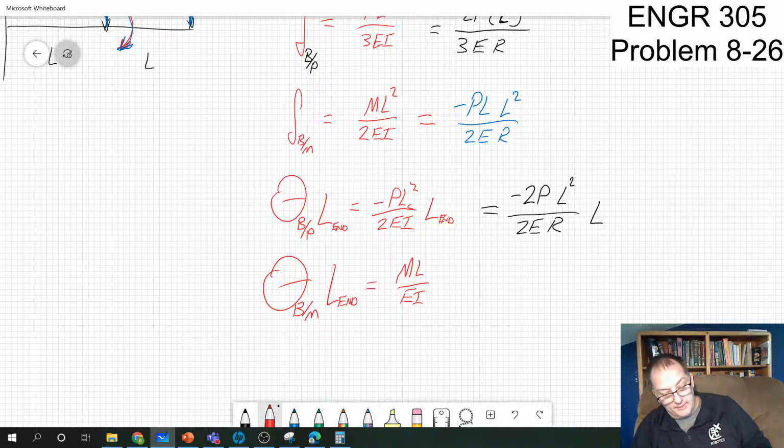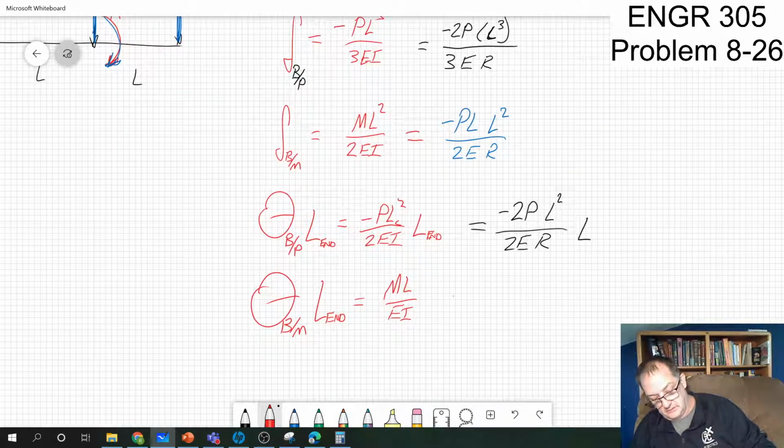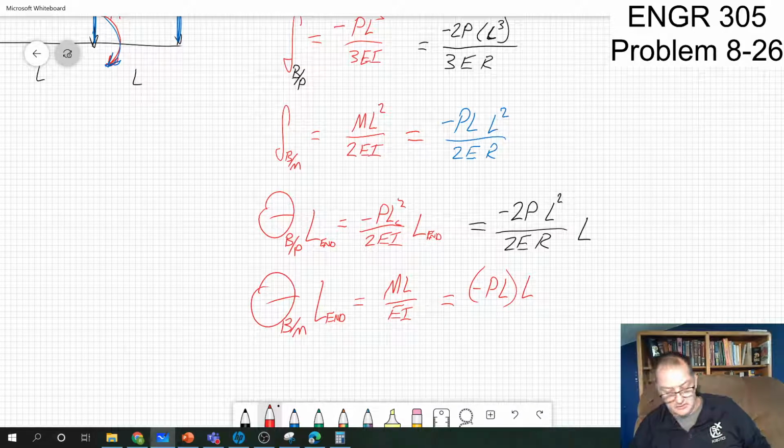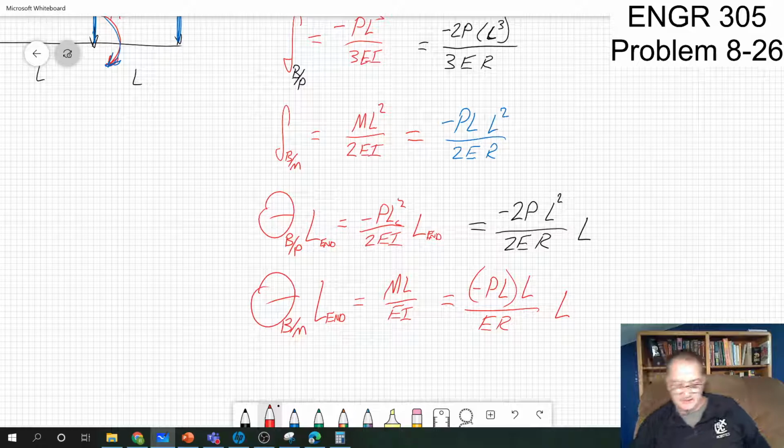And now my moment is equal to PL, but it's in the negative direction, so it's minus PL, that's the moment, times L, divided by ER, and then I have to multiply that by the length out to the end.